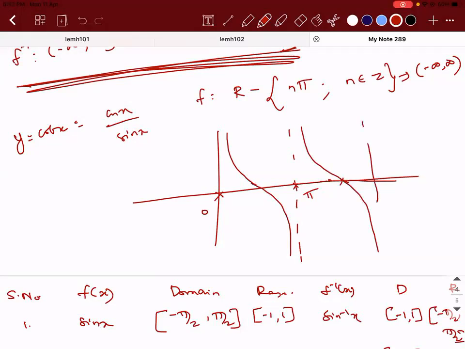Does it make sense? So between pi to 2 pi, this will be 3 pi by 2, and this one is pi by 2. Now tell me what should be the restricted domain. Look at the graph carefully. I told you the graph should be continuously decreasing.